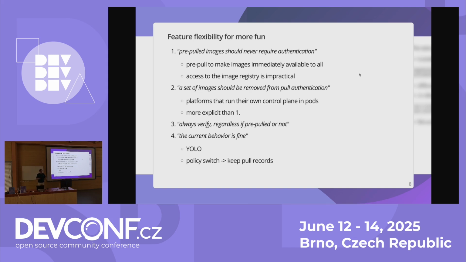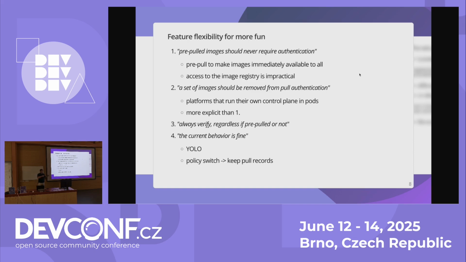So maybe it's a good idea to keep this use case for images that you really need, like when you are running your own control plane for a different application. You've got a set of nodes where you want to always access these images unconditionally. Or maybe sometimes the access to those images is fairly impractical, right?